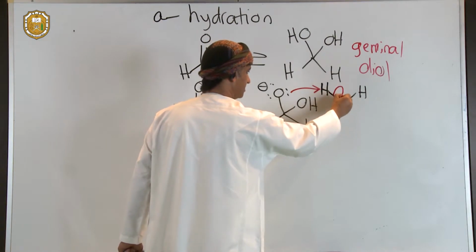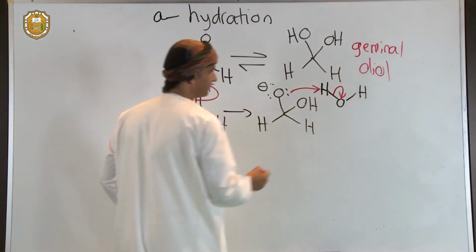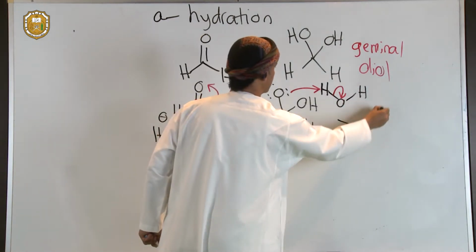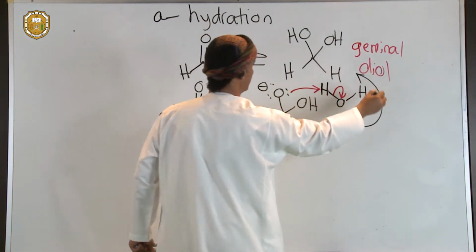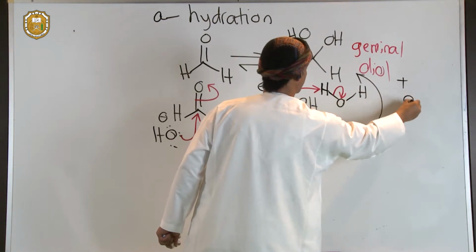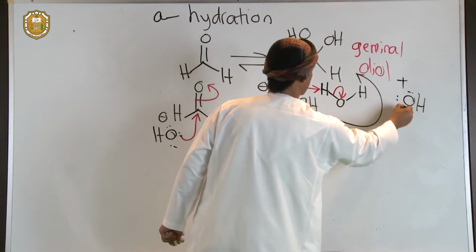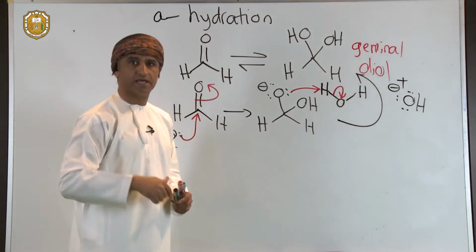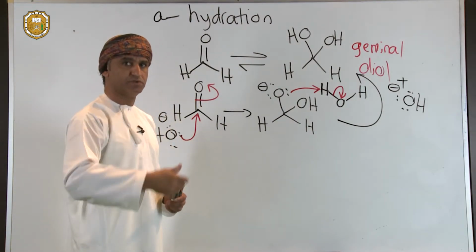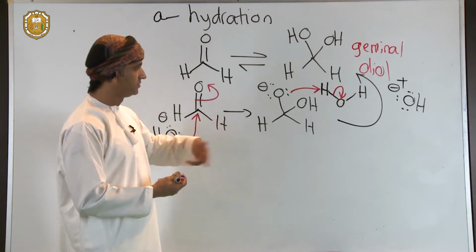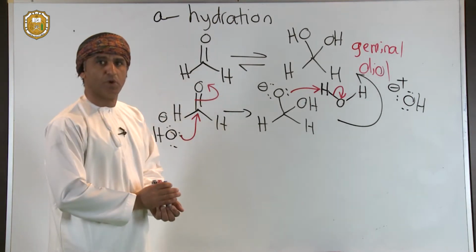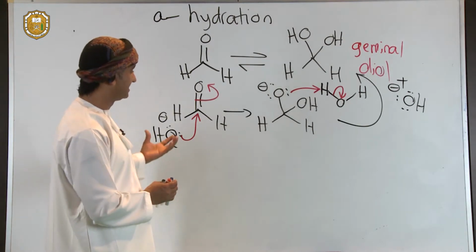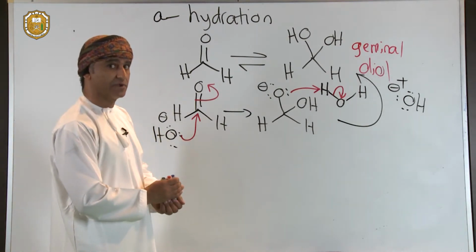This hydrogen-oxygen bond therefore breaks, and this gives the product with regeneration of the hydroxide ion. Because it is a base catalyst, it is regenerated, recycled, which can be further used or reused to react with another molecule of formaldehyde. So this is base catalyzed hydration.